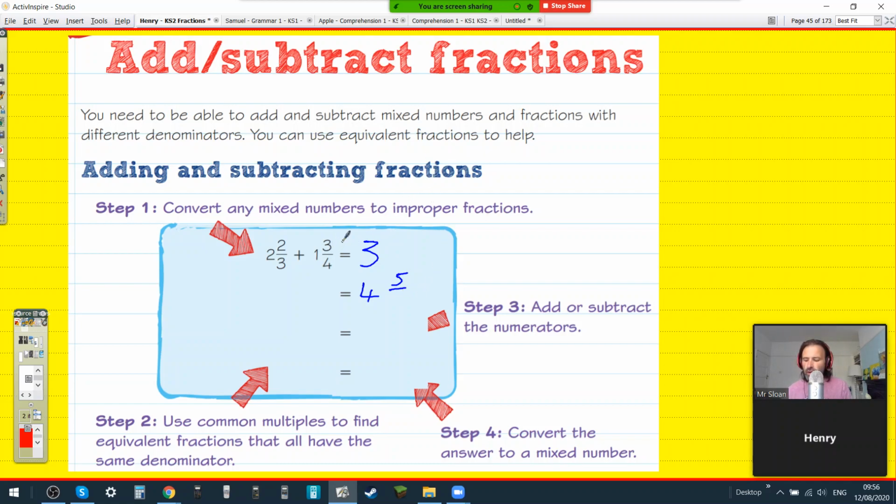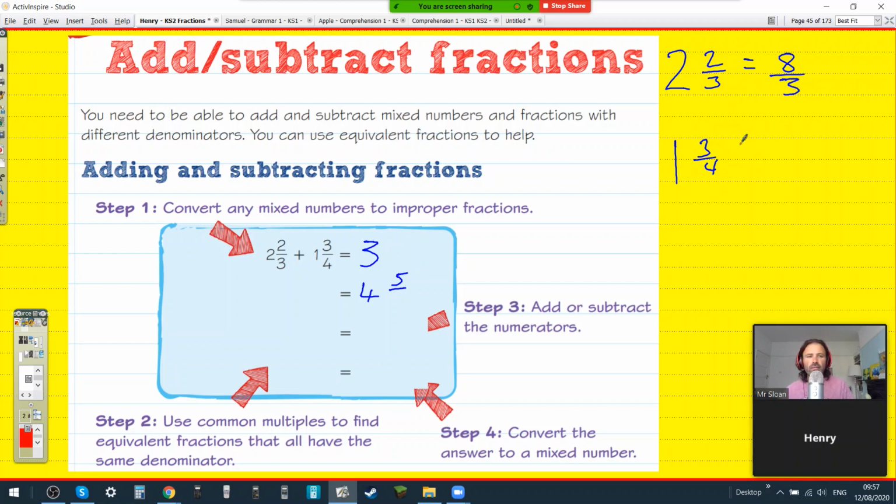The way I would recommend you do these is turn them both into improper fractions first. So 2 and 2/3 would turn into 8/3.